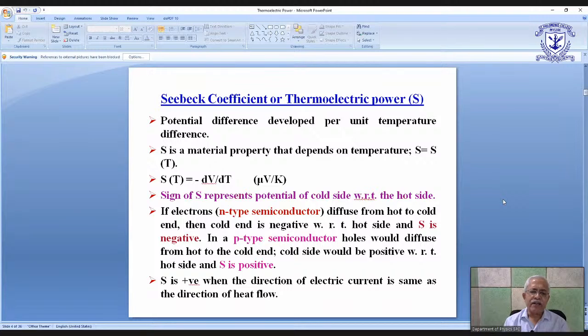Now, one can also note that S is positive when the direction of the current flow is the same as the direction of heat flow. Now, this you can see from the example of a metal or an N-type semiconductor, which I mentioned.